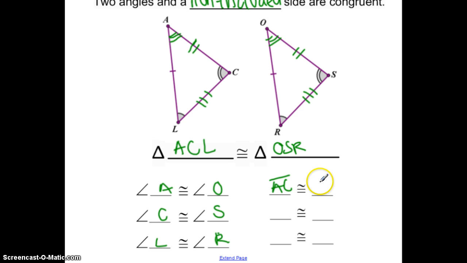They have 2 hash marks. Notice that I'm labeling it correctly. Okay, I'm going from this angle to that angle and this angle to that angle. I'm staying consistent. Okay, next CL is going to be congruent to SR. And lastly, LA is congruent to RO.